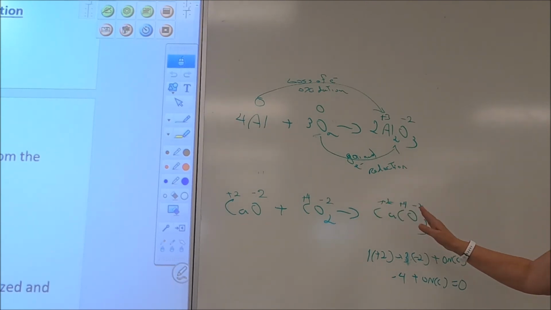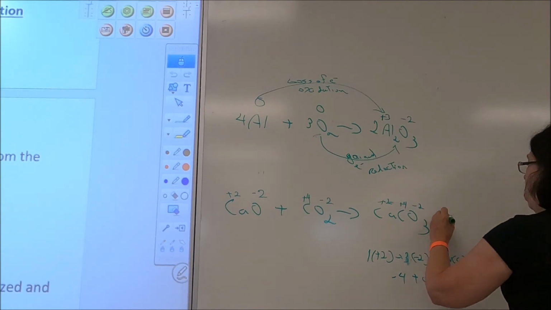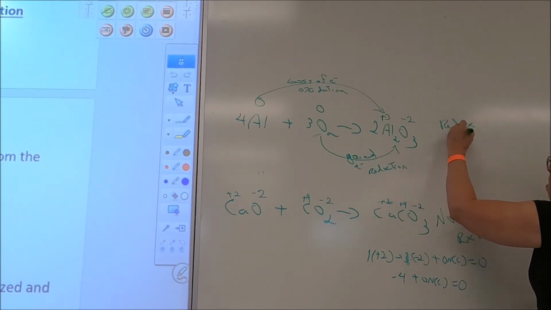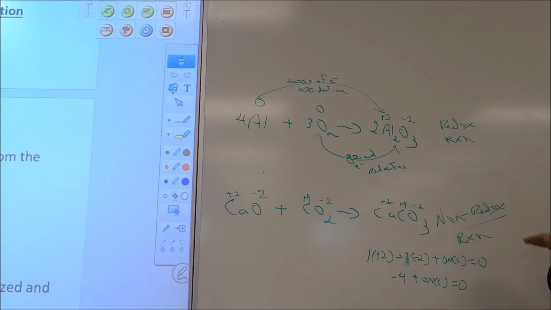So notice, calcium is +2 on both sides, oxygen's -2 on both sides, carbon is +4 on both sides. Nothing changed oxidation number. That means that this is a non-redox reaction. So we have a redox example and we have a non-redox example.